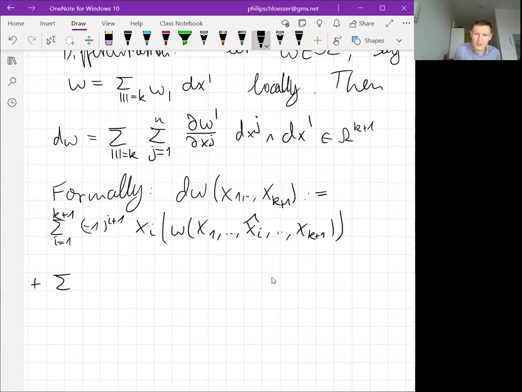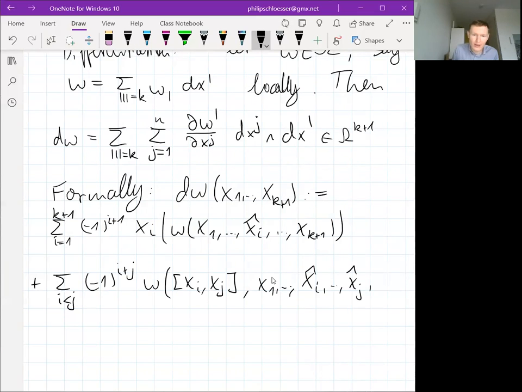And then we're also taking a sum over all pairs of indices, where we again have some alternation, where we then take the Lie bracket between those two specific vector fields. And again, Xi and Xj are afterwards omitted. Sorry, X_{k+1}.